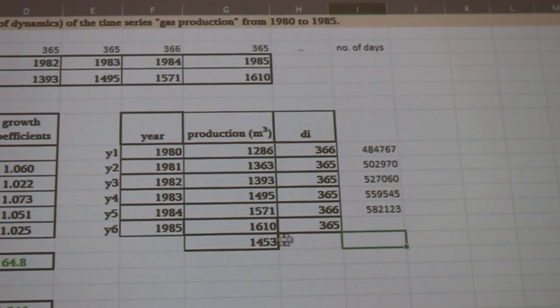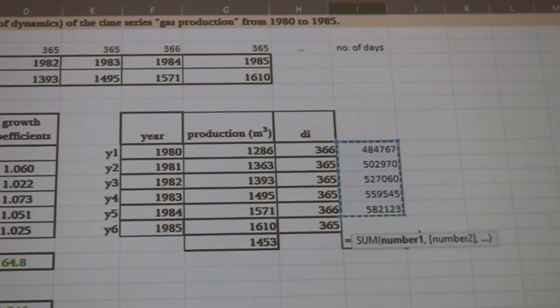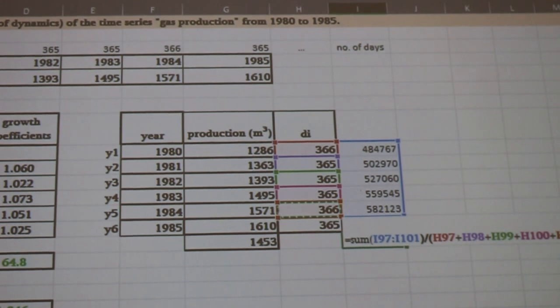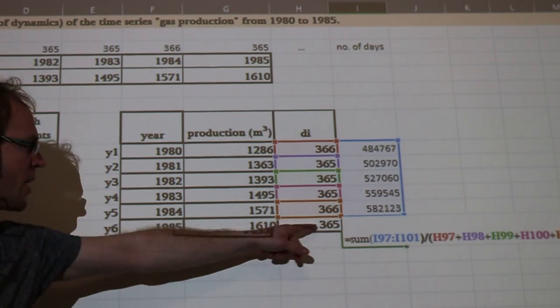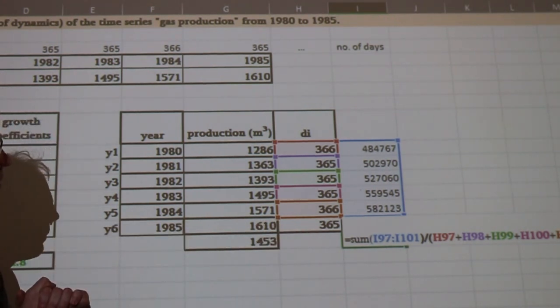So the mean will be calculated: equal sign, sum, the summation of these values, divided by, I will open the parenthesis, this value plus this value plus this value plus this value plus this value, and this is the end. The last number of days, dn, is not included.